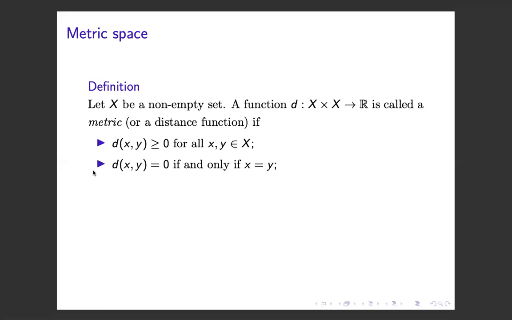The next requirement is that the distance is 0 if and only if both the points are the same. That is again our intuitive notion of distance. But you will see that this may not always hold. There may be some spaces where you need to consider the case when this does not hold.